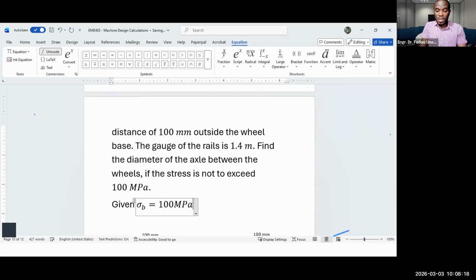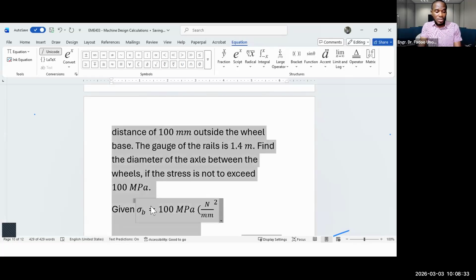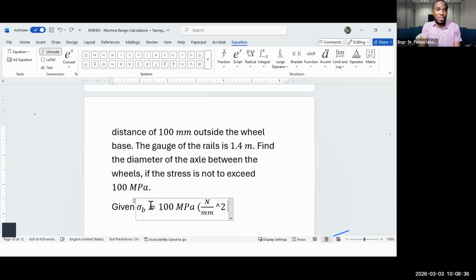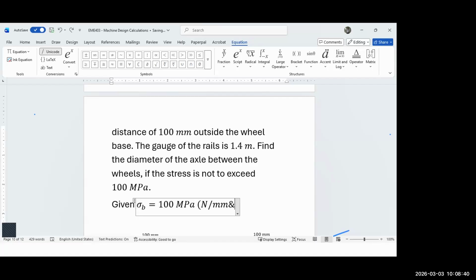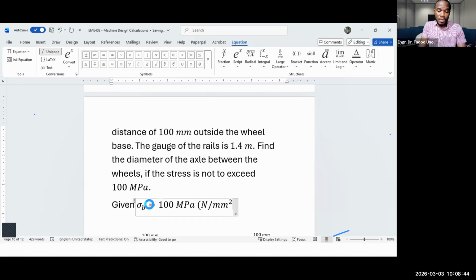And remember that megapascals is the same thing as what? Newton per millimeter squared, yeah. Okay, so that's what we're given.